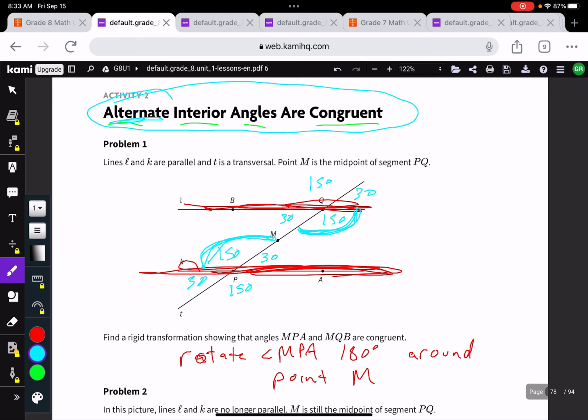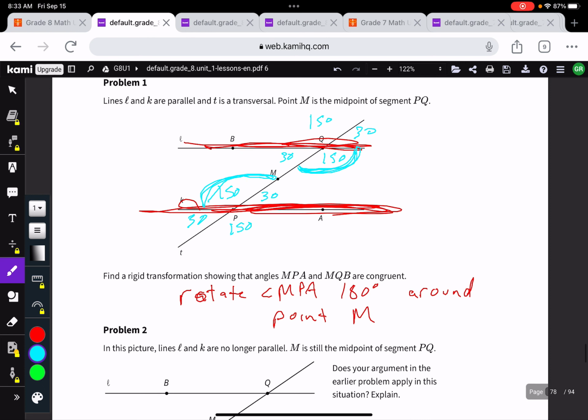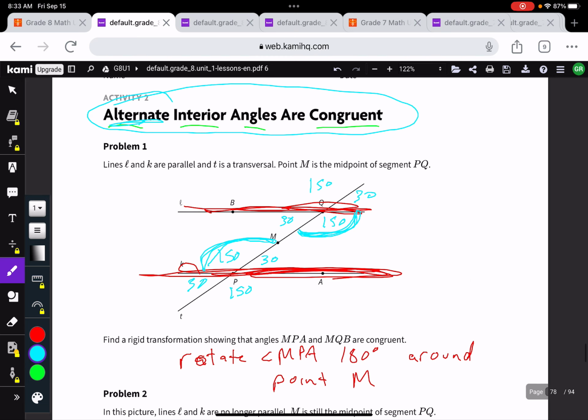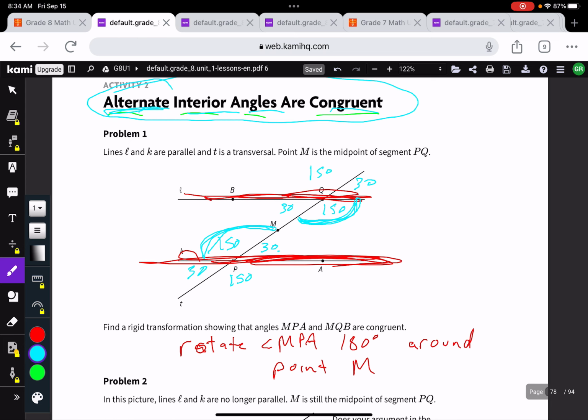It's a fancy term for just saying, hey, if I know what one angle is, I can figure out the others.